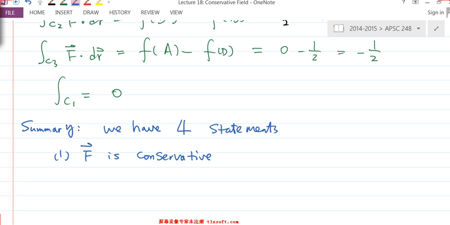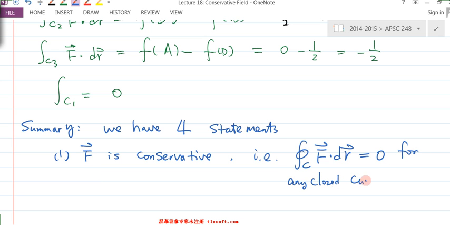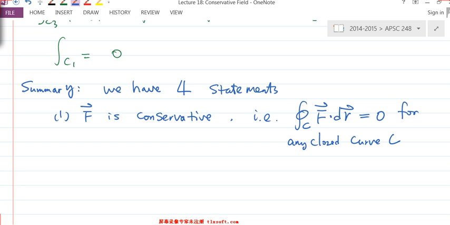The first one is this vector field is conservative. Which essentially means the line integral over a closed curve C equals 0, for any closed curve C. And second of all, this f is a gradient field.